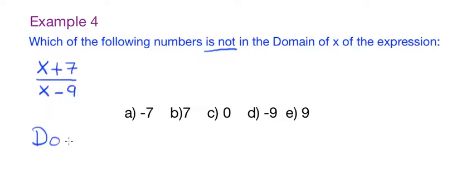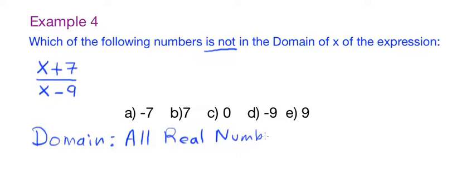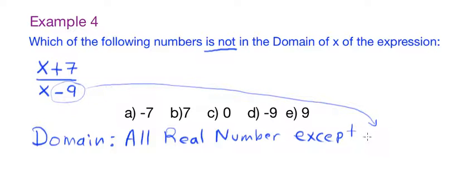So again, we start by saying domain will be all real numbers. It always starts with all real numbers, so all real numbers except, we look at the denominator, take the opposite, so except 9, right? So all real numbers except for the number 9 are the domain of this variable x. So the number 0, 1, any number, the only bad number is 9.